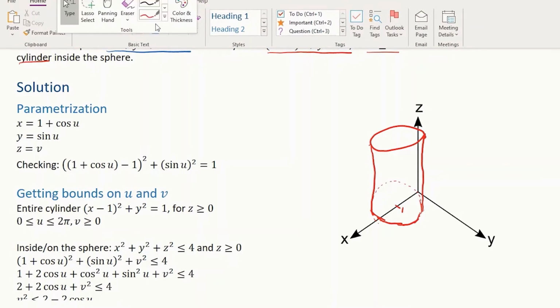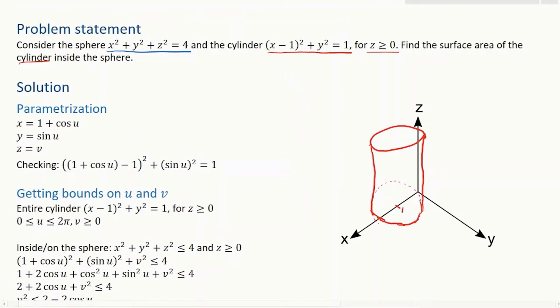We have a sphere of radius 2 that's centered on the origin. I'm only going to draw the top hemisphere because the cylinder we're interested in is above the xy plane.